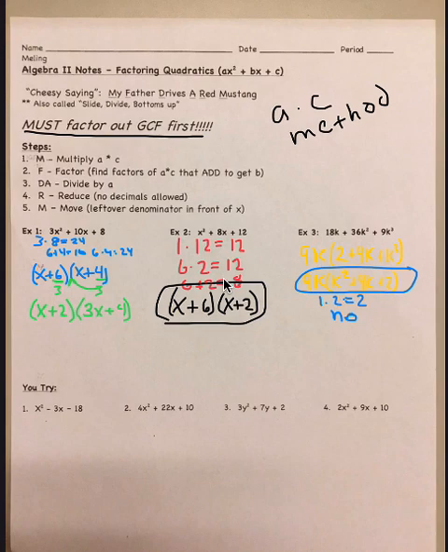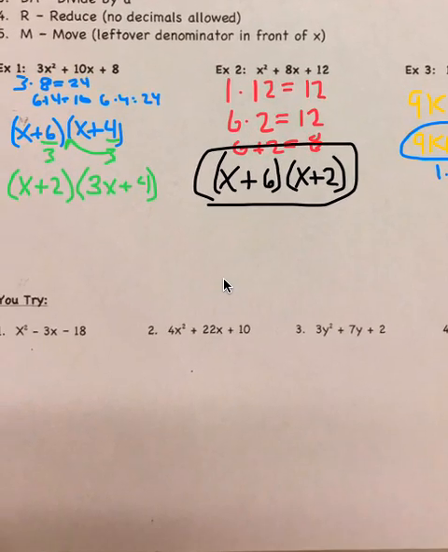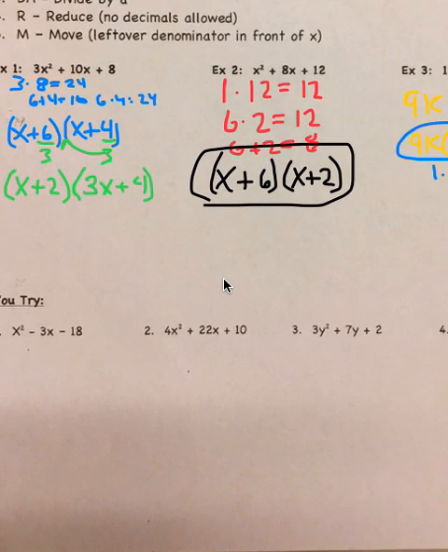Now I'm going to do 2 of these. I'm going to do 1 and 3 for your benefit. So in 1, we have x squared minus 3x minus 18. 1 times negative 18 equals negative 18. That's our A times C. What two numbers multiply to be negative 18 and add up to be negative 3?